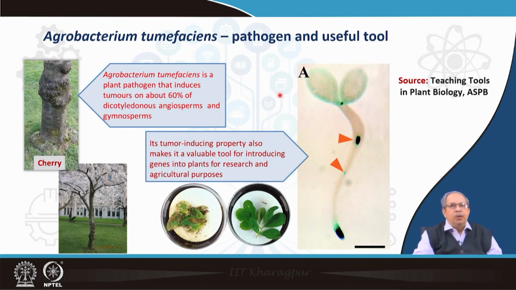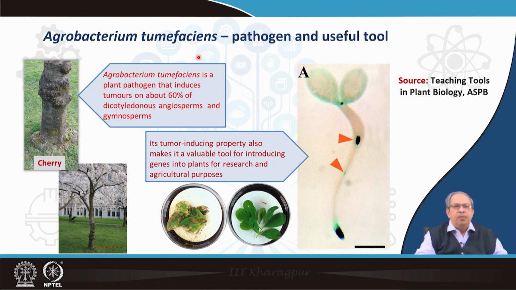The most reliable method of transferring genes into plants is using a natural genetic engineer, which is nothing but a gram negative soil bacterium called Agrobacterium tumefaciens. This soil bacterium infects mostly dicots, and it infects through the wounding site of the plant.